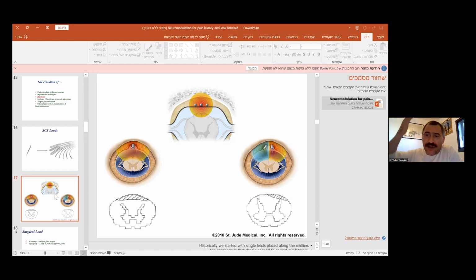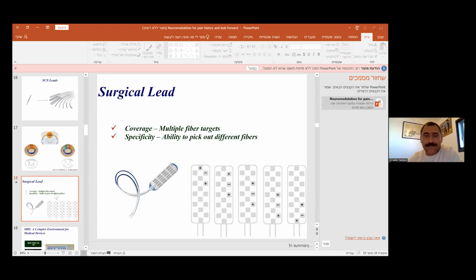We can make a vertical electric field, a horizontal electric field, or even an oblique electric field oriented to one side or another side with different cathode and anode. And so it makes the stimulation much better and much more precise for the patient.